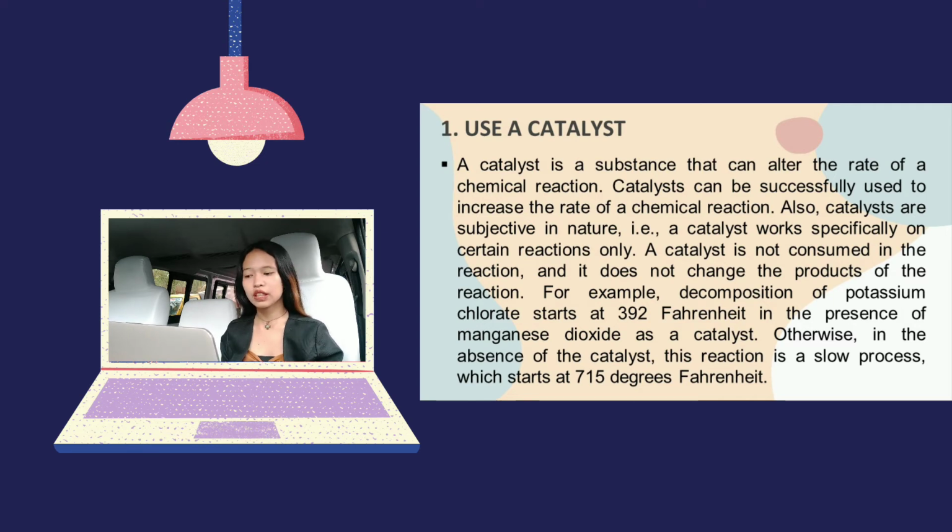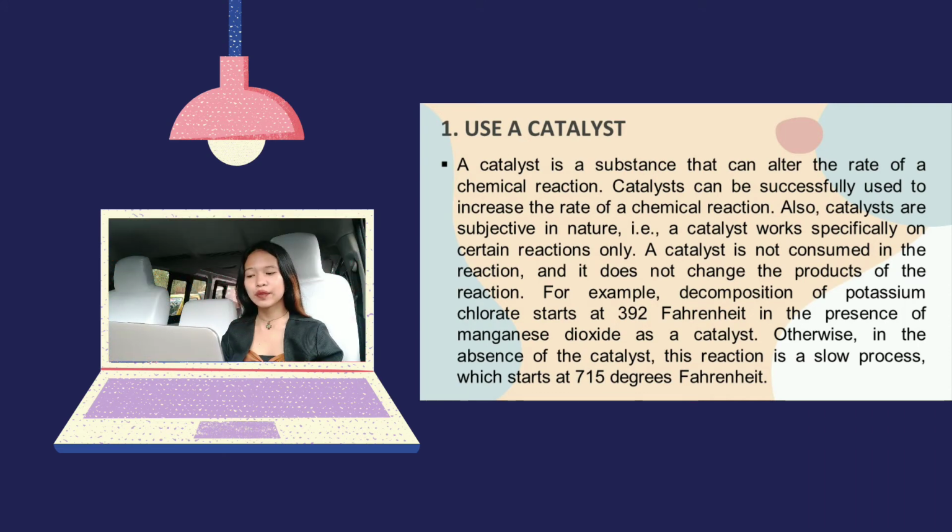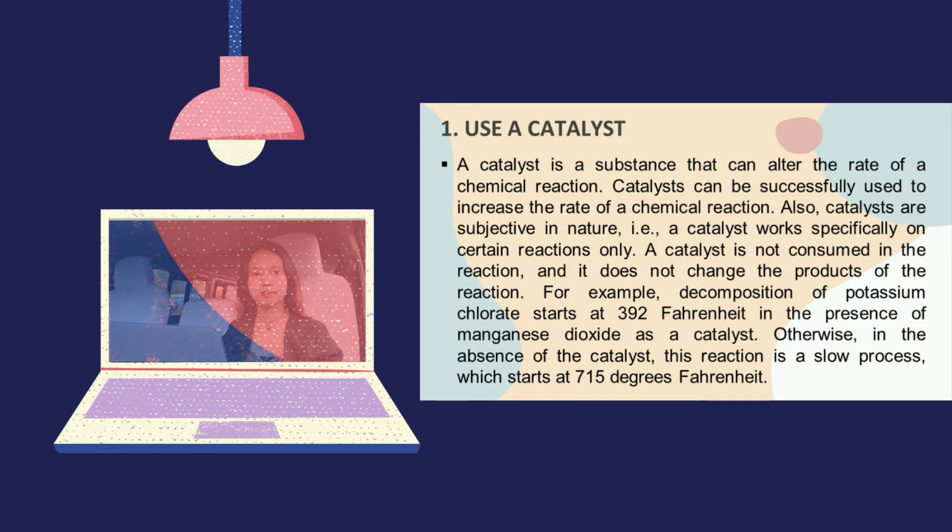For example, decomposition of potassium chlorate starts at 302 Fahrenheit in the presence of manganese dioxide as a catalyst. Otherwise, in the absence of the catalyst, this reaction is a slow process, which starts at 715 degrees Fahrenheit.